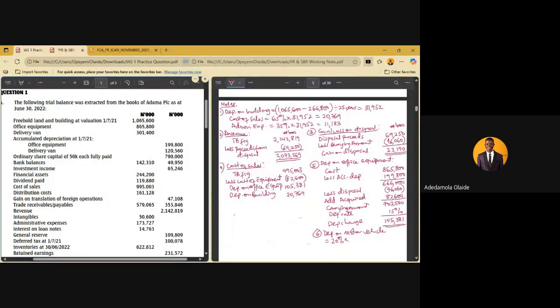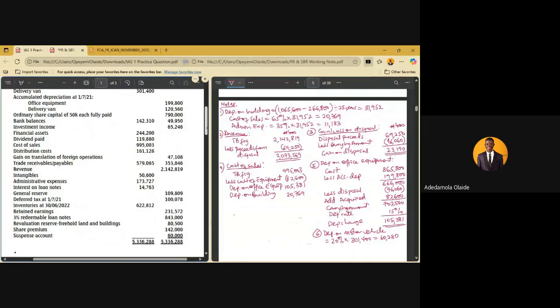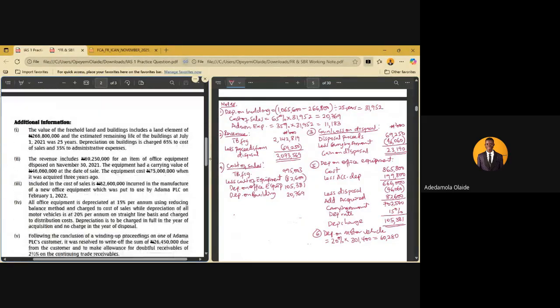So delivery van, motor vehicle and delivery van is the same thing, 31,400, and that will give us 6,280. So we are taking this to distribution cost. No problem. We are coming back to that.